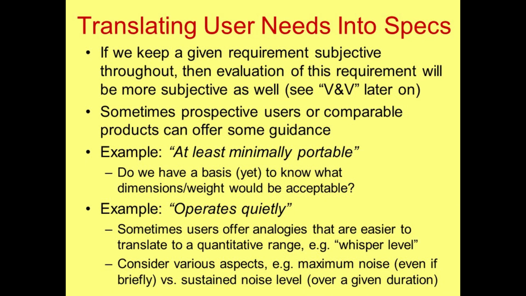So if our background research, our interviews with stakeholders, our own engineering judgment, and other sources of information that we have at the time lead us to a justifiable position about what a specification should be, in the example of portability, what particular weight and dimensions will support that concept of portability, then sure, by all means, let's be more specific. Let's make it a specification.